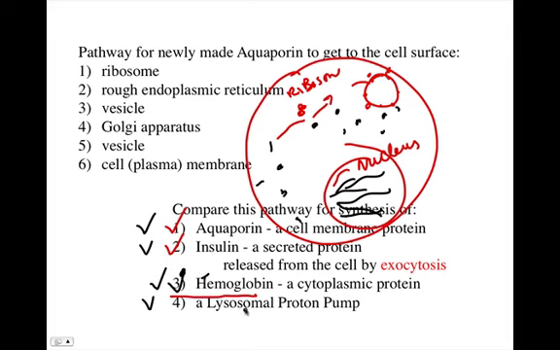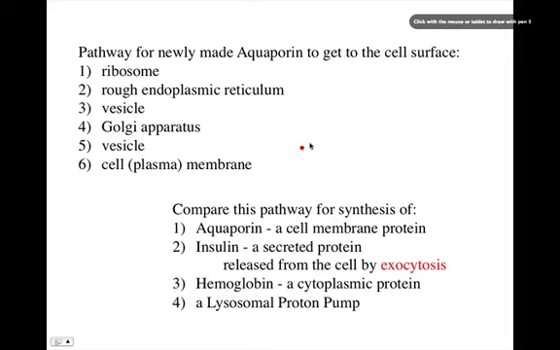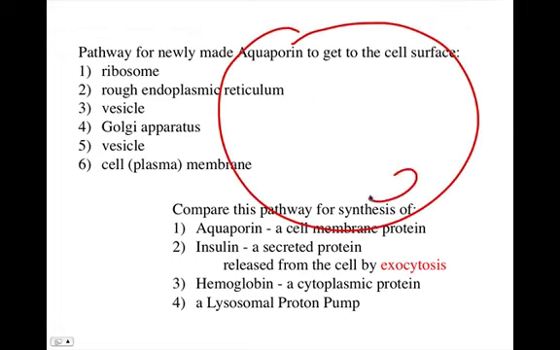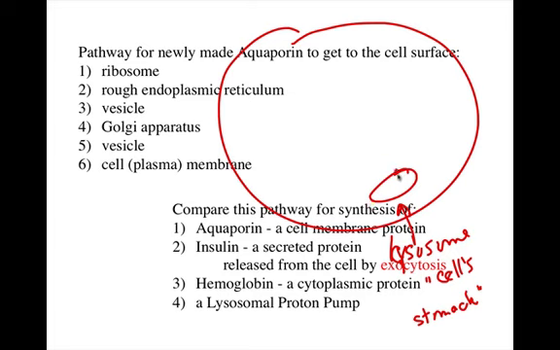Then the last comparison I'll make is to a lysosomal proton pump. And what's going on there is that big cell, and there's an organelle called the lysosome. And the lysosome is the cell's stomach. It functions like the cell's stomach to digest, to break down, metabolize materials. And it will be a variety of things. But one thing that happens is that if a protein gets made inappropriately, that protein can get taken to the lysosome and degraded.